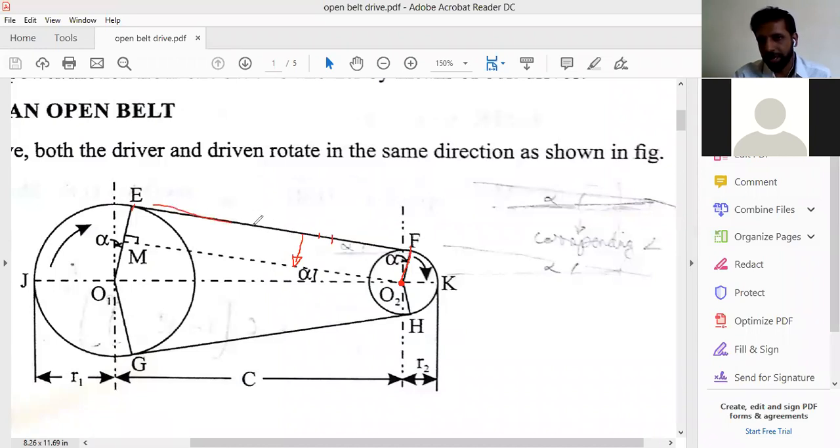I'm just going to draw a parallel line to this, starting from the center over here, so I get this dotted line. Because of the corresponding and alternate angles, this angle will be the same as the alpha that we have over here.